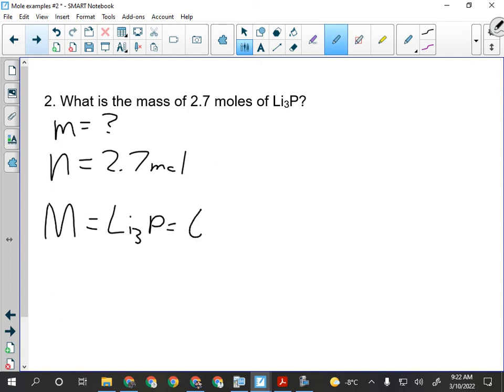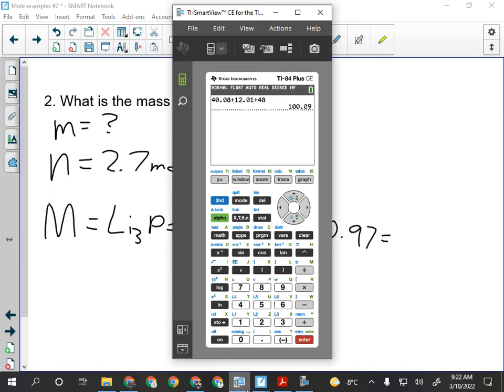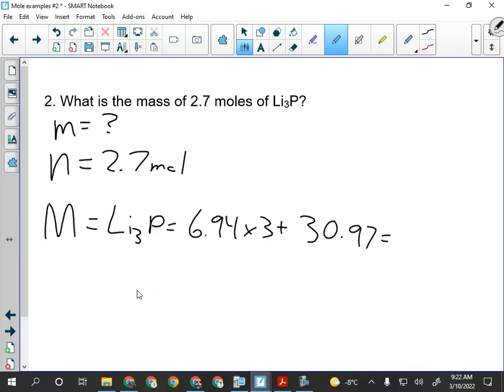So that'll be 6.94 times 3, my 3 lithiums, plus 30.97, and there's only one of those. So 6.94 times 3 plus 30.97 gives us 51.79 grams per mole.